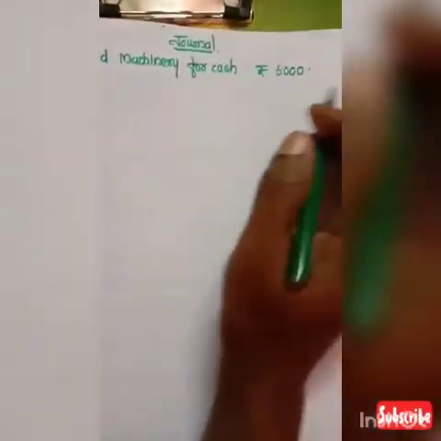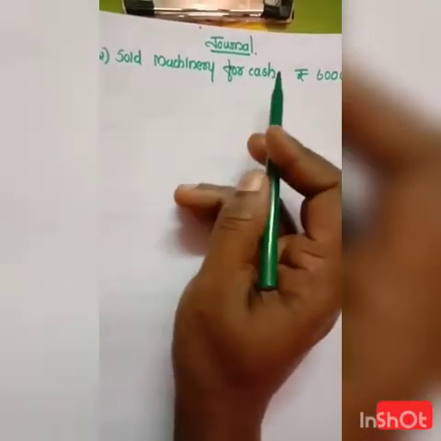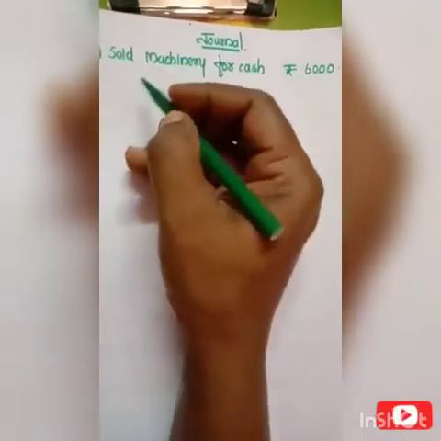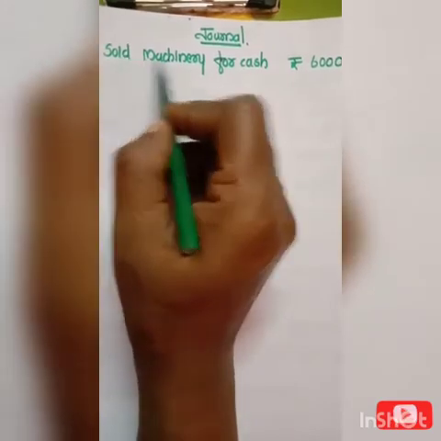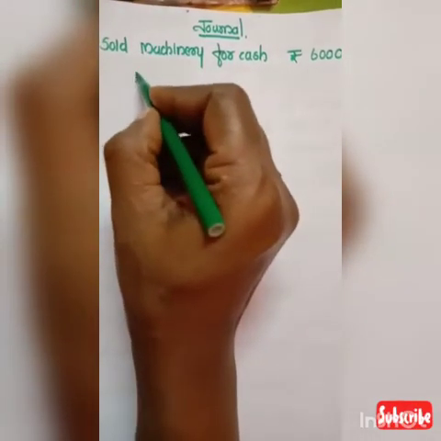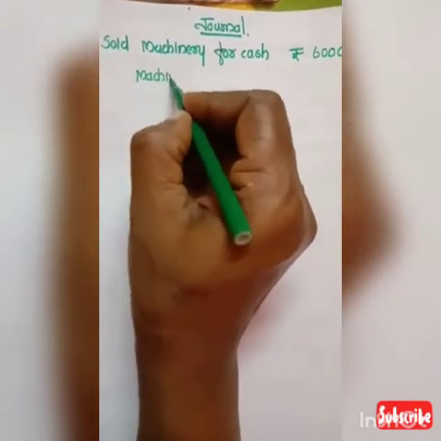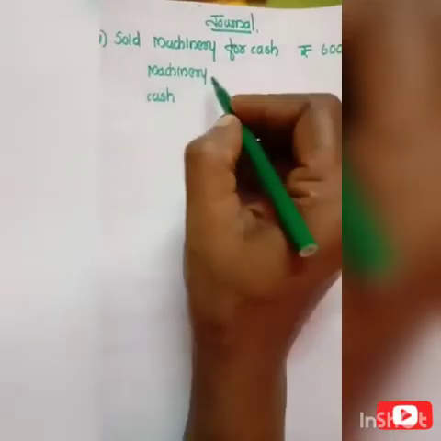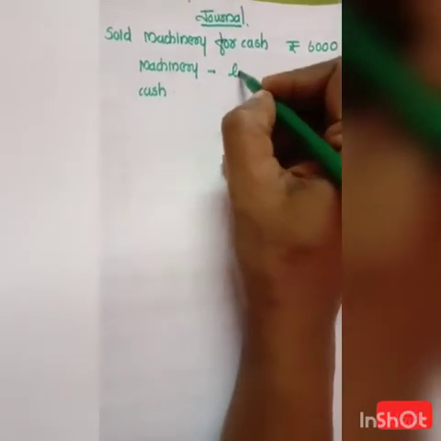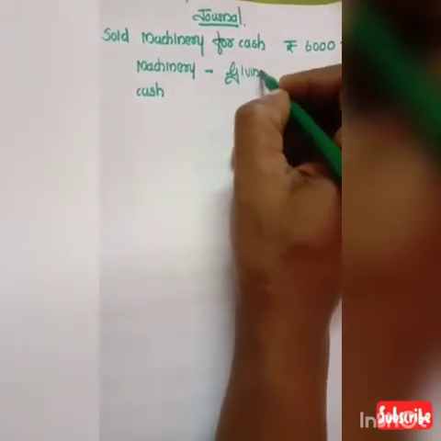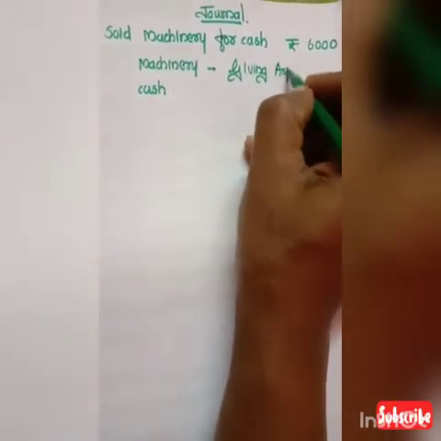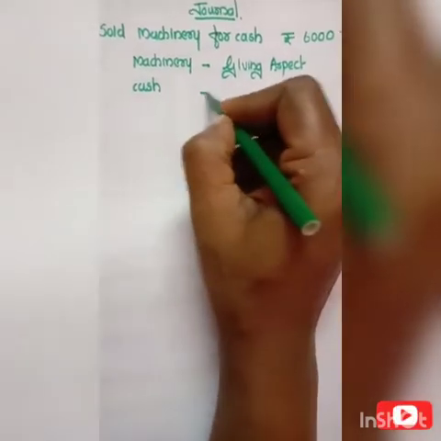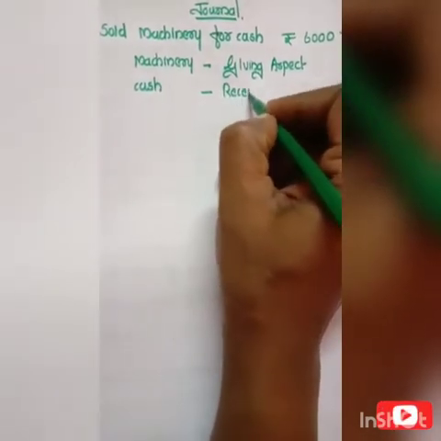Second transaction: sold machinery for cash, rupees 6,000. Here two aspects are there, that is machinery and cash. Machinery is the giving aspect and cash is the receiving aspect.